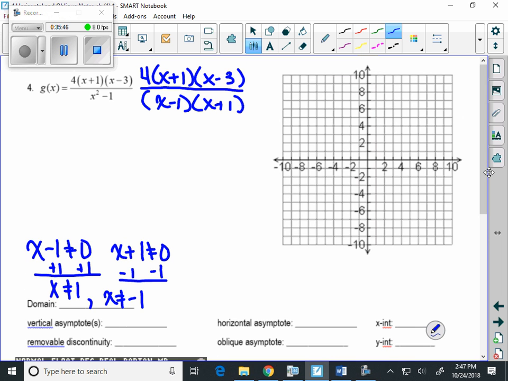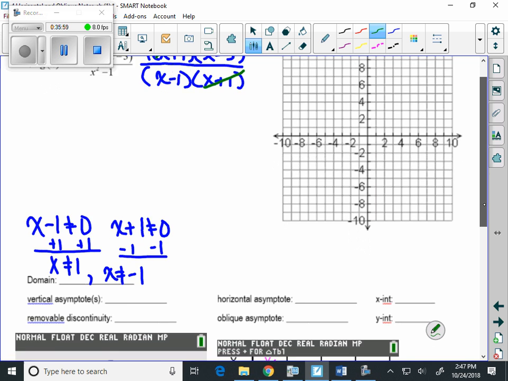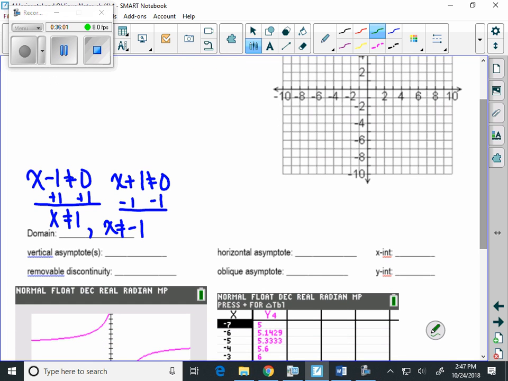And when we go back and look a little bit more closely at the problem, what we see is that there's an x plus 1 on the top, there's an x plus 1 on the bottom. They are going to cancel out. And because the x plus 1 part of this canceled out, as you look to the right of our two x doesn't equal parts of the problem, the one that canceled out here, we cancel out the x plus 1.